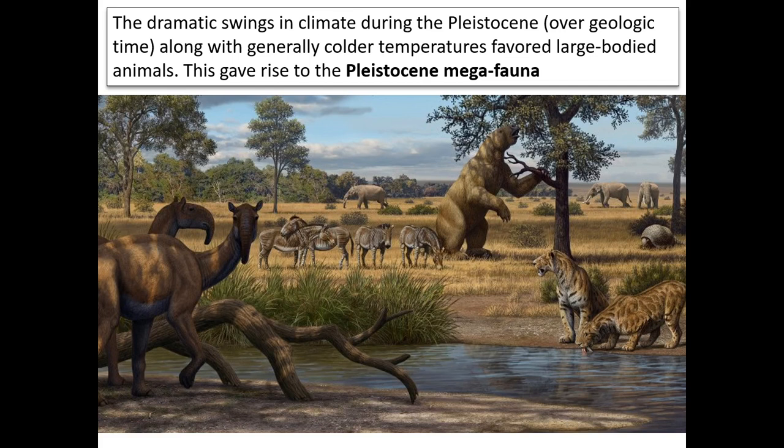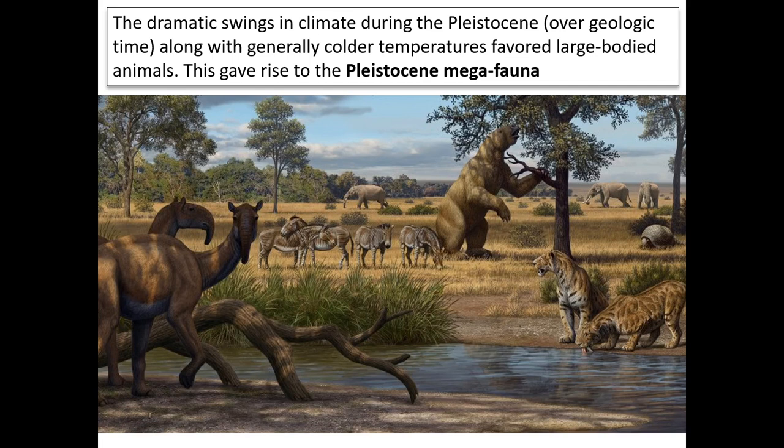And the reason they became very large is because when you have to deal with these sudden changes in climate that were going on during the Pleistocene, and these times in which the global average temperature was 0 degrees Celsius, it helps to be big. It's easier to retain your heat, and it's easier to deal with changes when you're large.